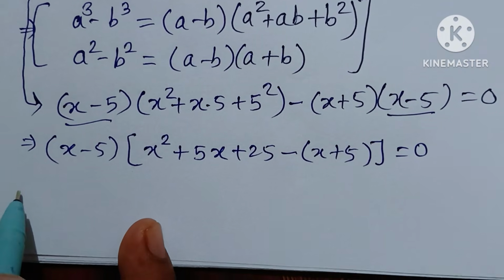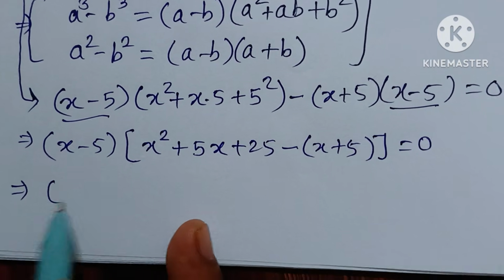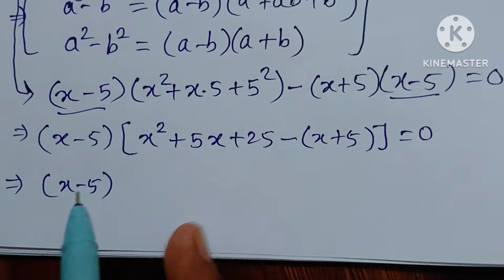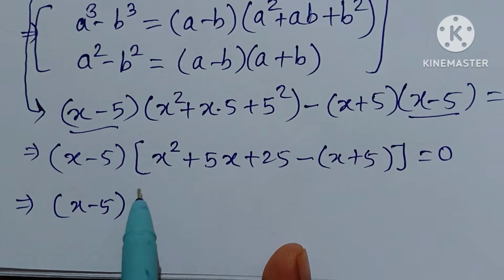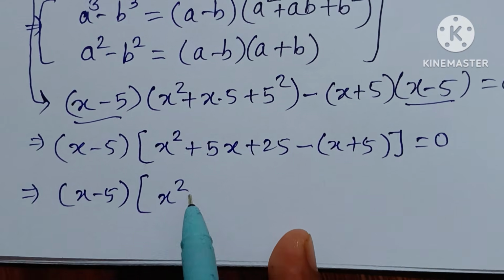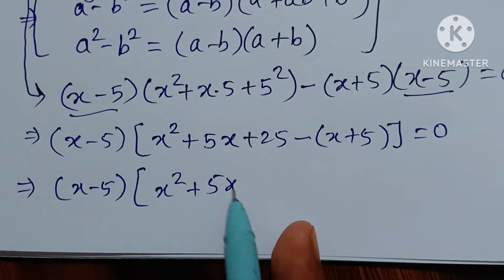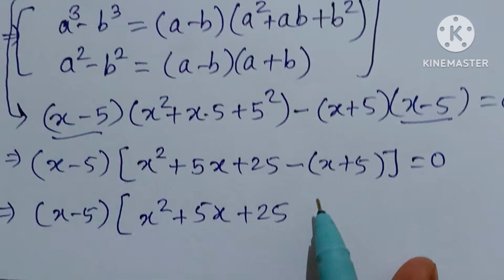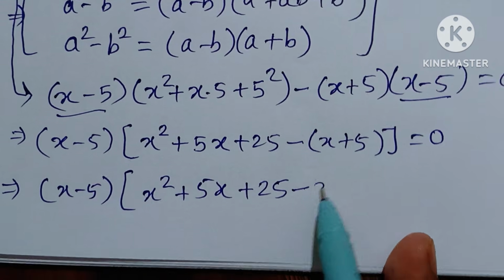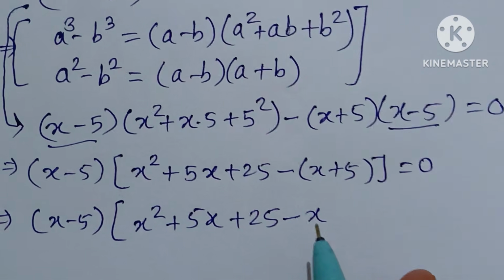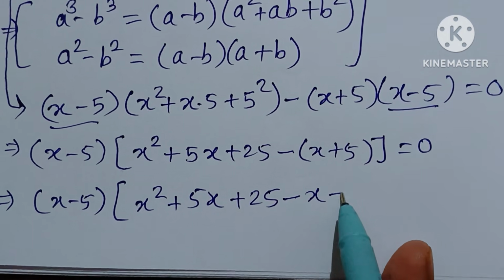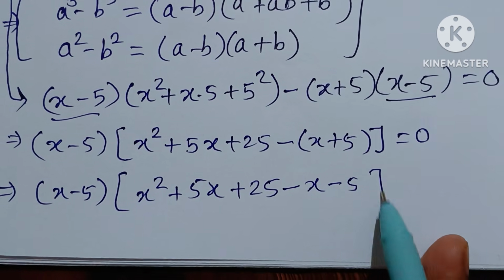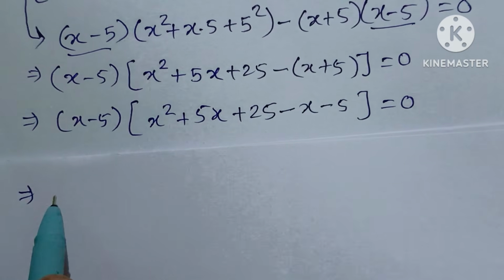Now this implies x minus 5 in bracket x square plus 5x plus 25, due to this minus sign, minus x minus 5 equal to 0.